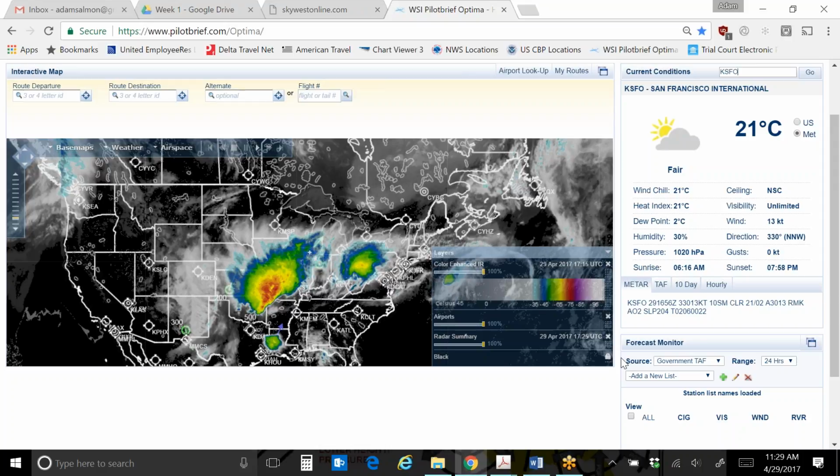Anyway, the San Fran wind says it's coming from 330. That means the wind is not blowing towards 330, it's coming from 330. So the wind is coming from this direction.